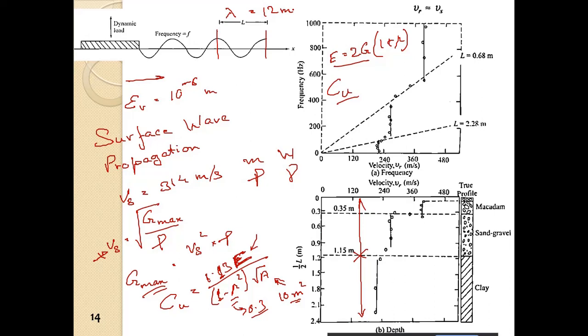Now if the length of the wave is 12 meter, then the effective depth of influence of the wave is 12 by 2, that is 6 meter.